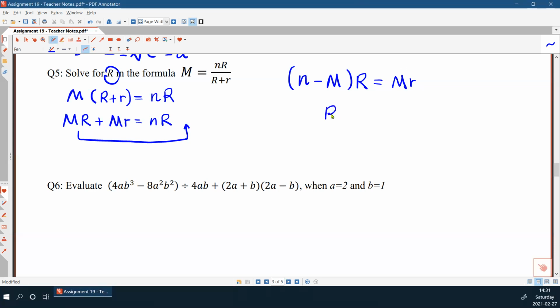Okay, so R here is big M small r over small n minus big M, right?